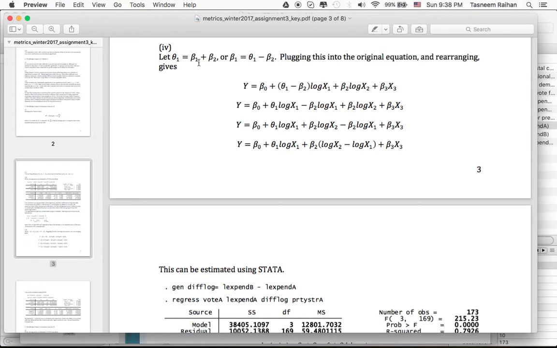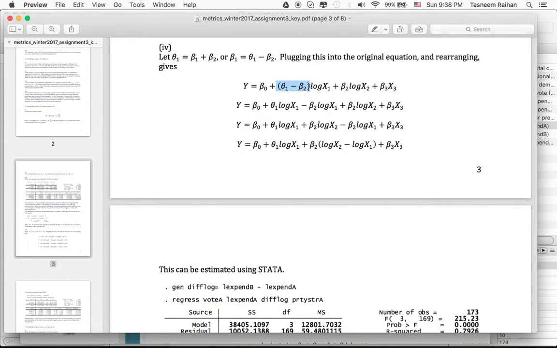What we do here is we define a new parameter, theta 1, which is equal to beta 1 plus beta 2. Then we rearrange this and express beta 1 in terms of theta 1 and beta 2. So we have a new expression for beta 1, and we plug this expression for beta 1 into the original equation. Once we plug that in, we replace beta 1 with theta 1 minus beta 2 here, and the rest of the terms remain the same.